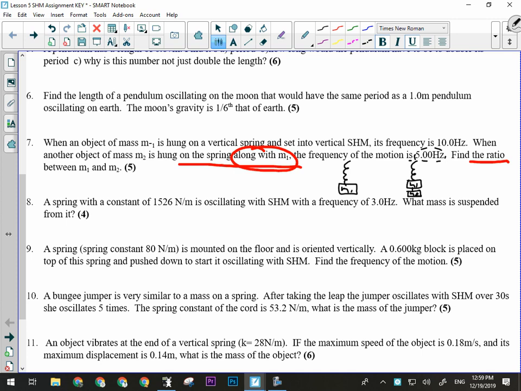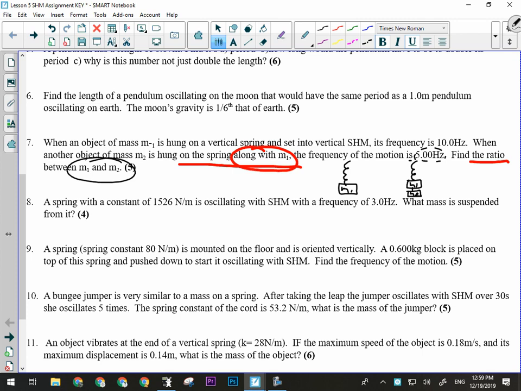We are looking for the ratio between mass 1 and mass 2. As a hint, there's no way for you to calculate the actual masses here, but you could find numbers that represent them instead. You're looking for their ratio, not their actual masses. You've got a couple of calculations here, but know that it is impossible for you to calculate the real masses.